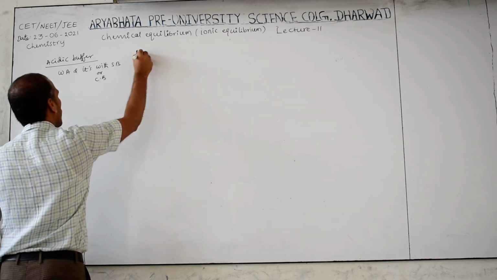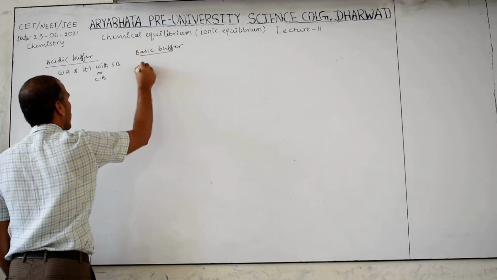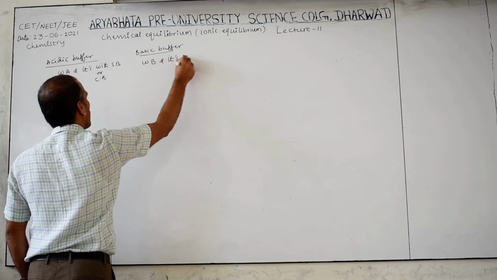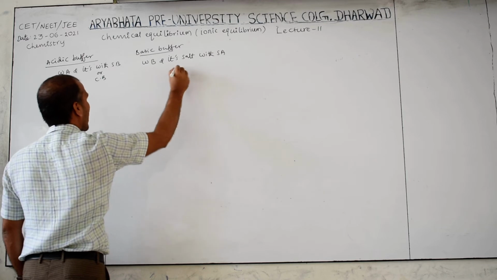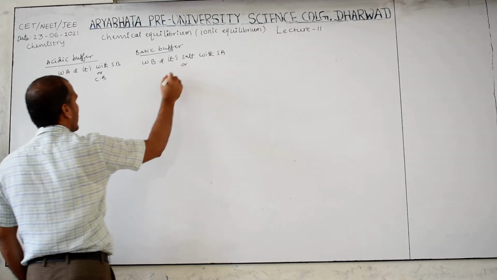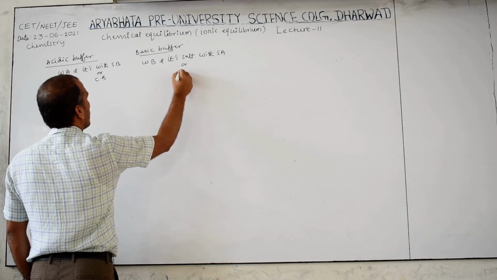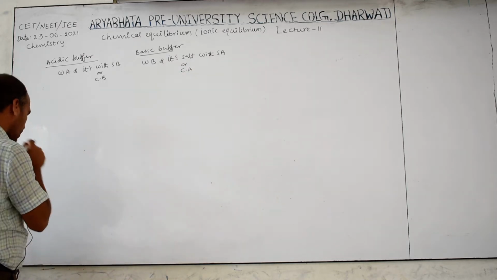Basic buffer: what is that? A weak base and its salt with a strong acid. Otherwise, the weak base with its conjugate acid.